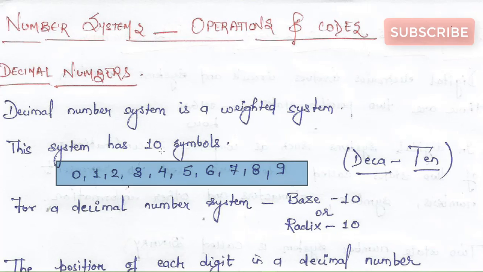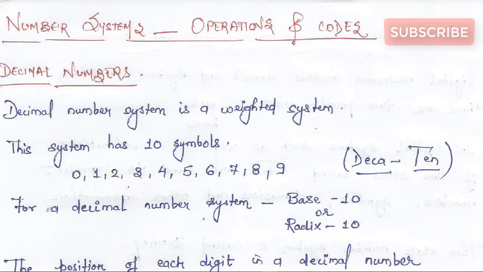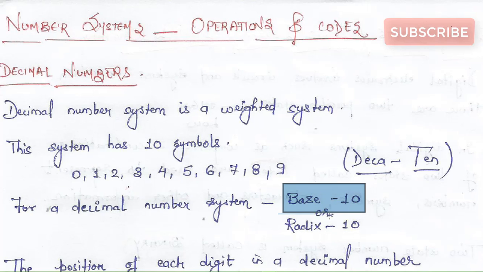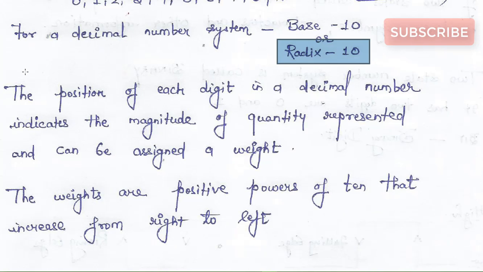The system has the 10 symbols, and the symbols are as shown in the figure. For the decimal number system, with base 10 or radix 10, the position of each digit in a decimal number indicates the magnitude of the quantity represented and can be assigned a weight. The weights are positive powers of 10, 10 to the power 1, 10 to the power 2, and so on.